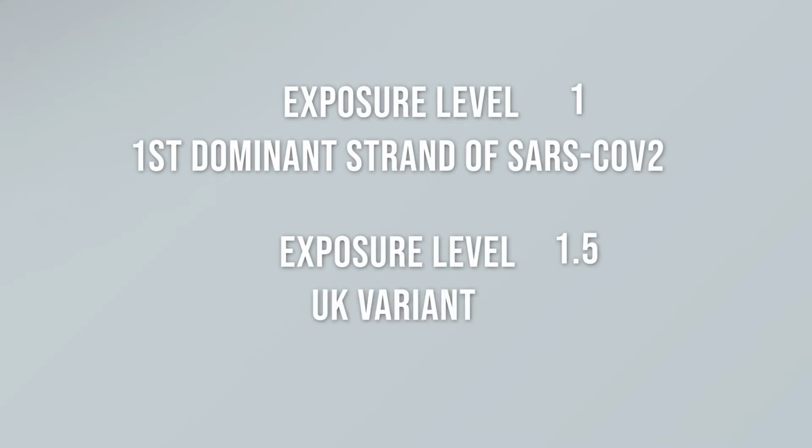Exposure level 1.5 is the UK variant, which can be transmitted more easily. An exposure level of 1 is combated by a protection level of 1. Exposure level of 1.5 combated by a protection level of 1.5. We didn't invent anything new, we're just trying to repackage information in terms that we can relate to.